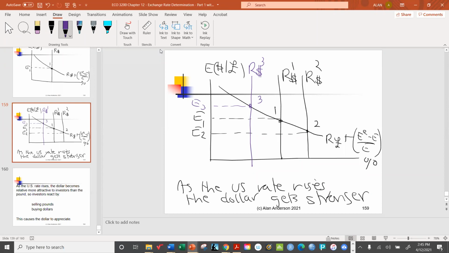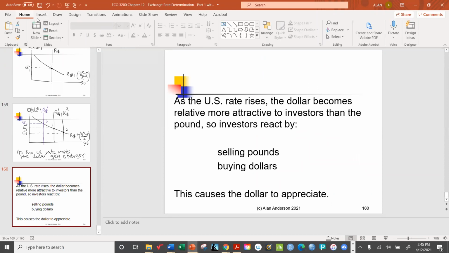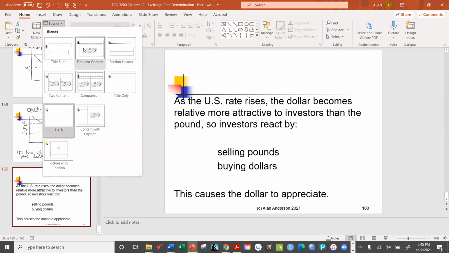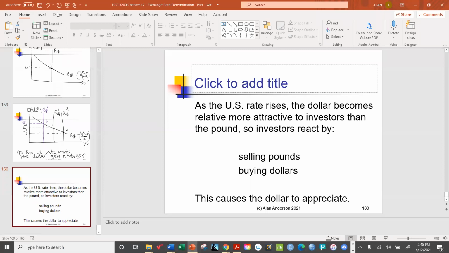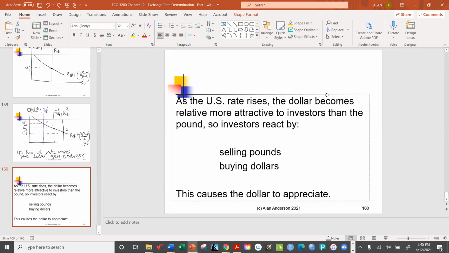And so as a result, it's not as attractive as the pound. Okay, so we have the opposite scenario here. And we'll say that as the US rate falls, the opposite happens because now everybody wants to have pounds because they're giving us a higher rate of return than the dollar. And it's really just that simple.